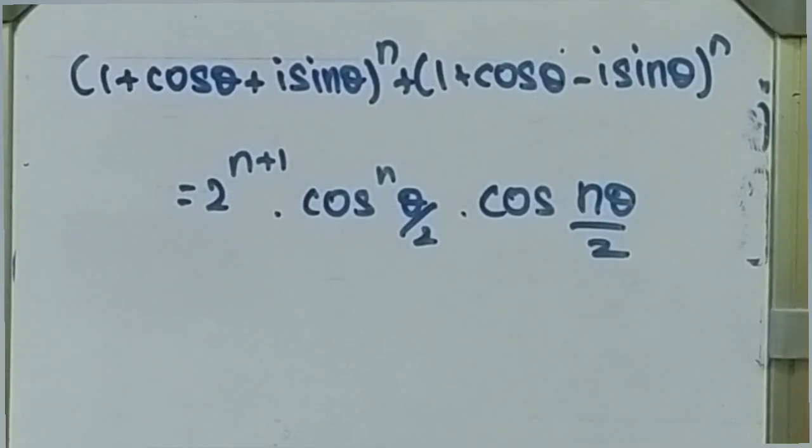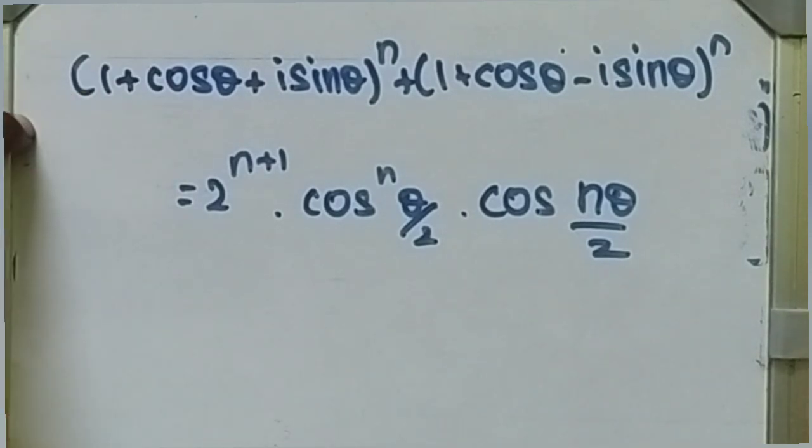Shall we recap? Yes. So we took the entire left hand side and we substituted two formulas. What are the formulas? In place of 1 plus cos theta, we substituted 2 cos square theta by 2. The formula is 1 plus cos theta equals 2 cos square theta by 2. We used another formula: sin theta equals 2 sin theta by 2 cos theta by 2.